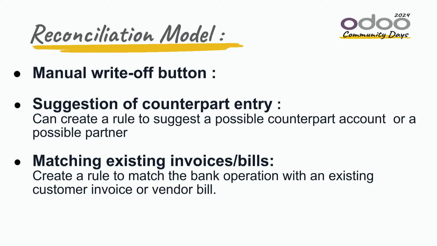Now again on the reconciliation model, there are 3 methods. Out of these 3 methods, 2 recommend which further actions I need to take care of, and the third one gives you the option to do the auto reconciliation work.